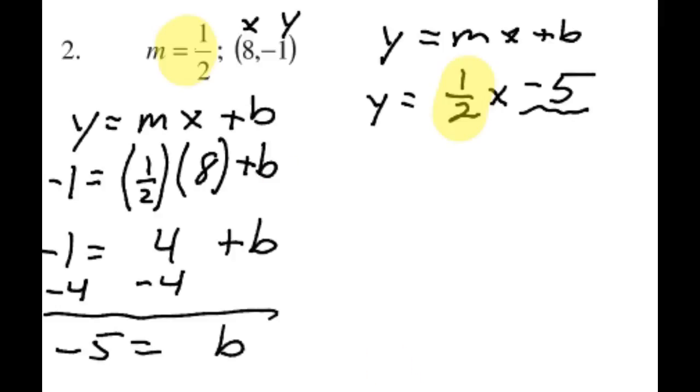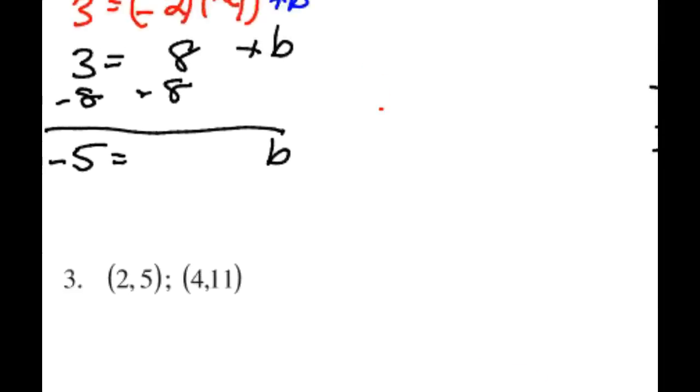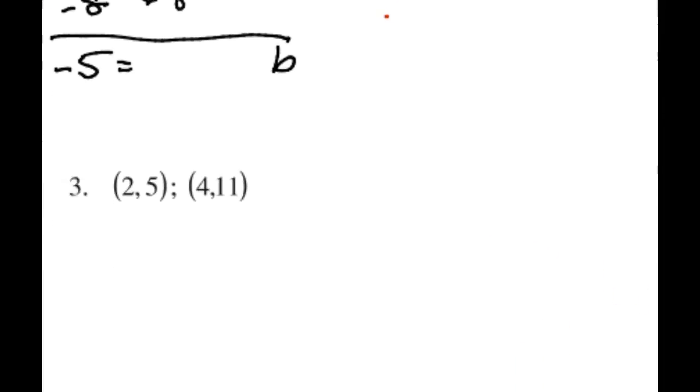On these next ones, starting on number 3, right down here, they don't give you the slope. So we have to find both the slope and the y-intercept, figure out what both those numbers are. So the slope, recall there's several ways of doing this.